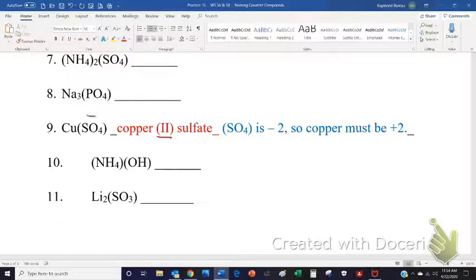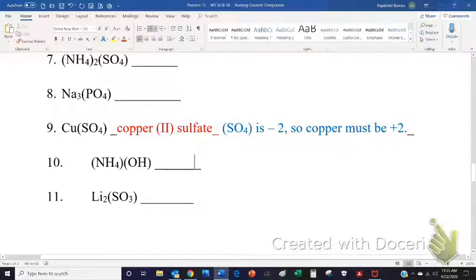So in this case, sulfate, look on your chart, you'll see it's -2 because sulfate will take 2 more electrons. That means copper has to be +2. And that's the reason for the Roman numeral right there. That +2, I'll make it a little neater for you. That +2 becomes the Roman numeral 2. So this answer is copper 2 sulfate. Might see a couple more of those.